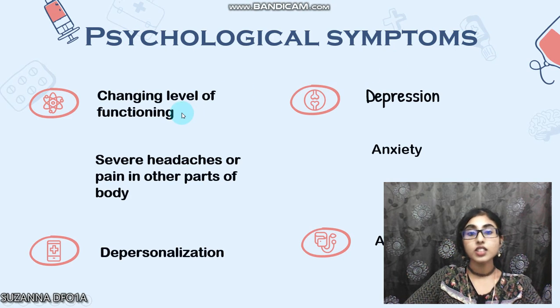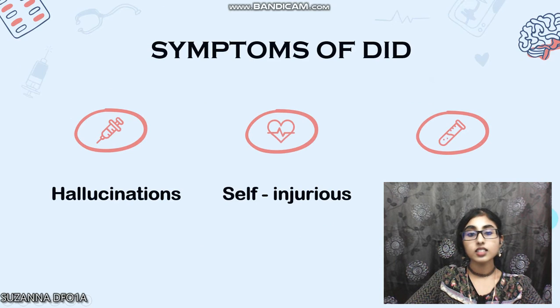First one is changing level of functioning from highly effective to disturbed. And then severe headache or pain in other part of body, depersonalization, feeling disconnected from own thought, feeling and body. Next is depression or mood swing, anxiety, amnesia, and then hallucination.